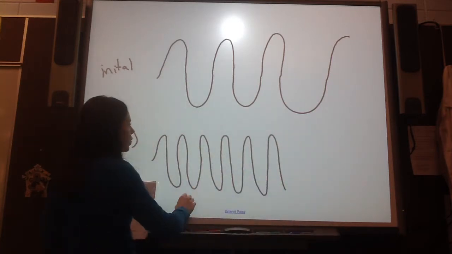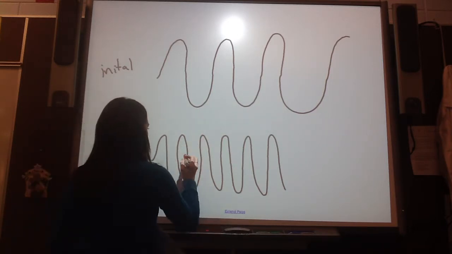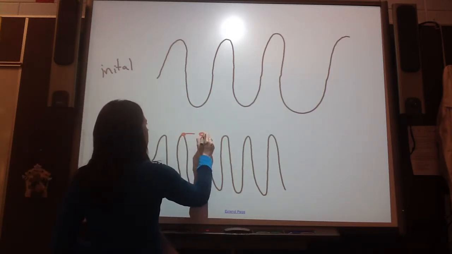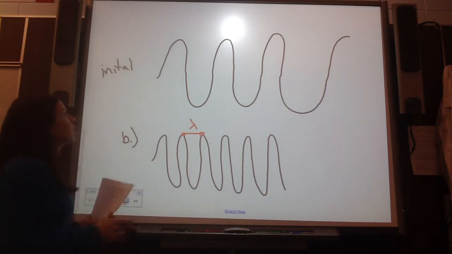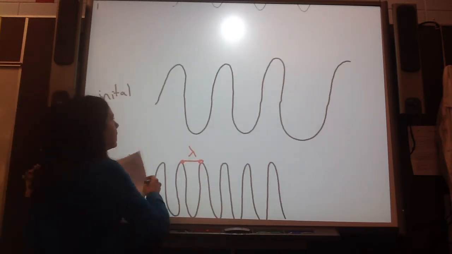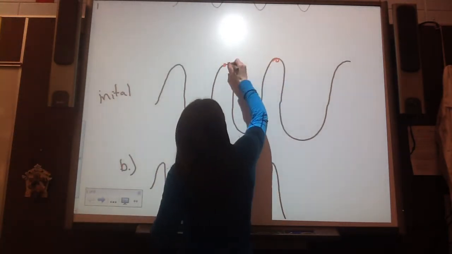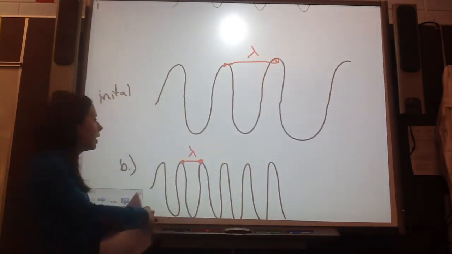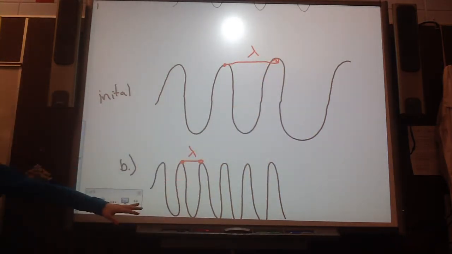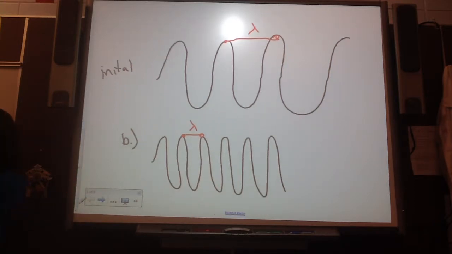So the actual wavelength has decreased from my initial. Here's my wavelength initially. Here's my wavelength in situation B. So the wavelength has gotten shorter. Amplitude should stay the same, yeah.